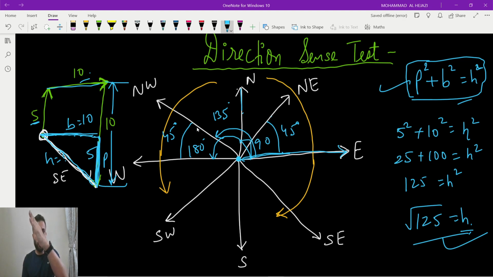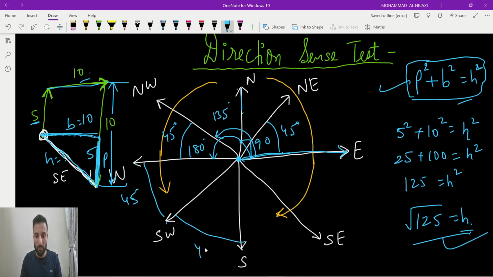We know that each step is 45, 45, 45, like that, correct? So it's 45 degrees, total 90 degrees. Then if you reach here towards northwest, it is 135 degrees. Again to the west is a total of 180 degrees. Then from west to southwest it is 45 degrees, for every step it will be 45.